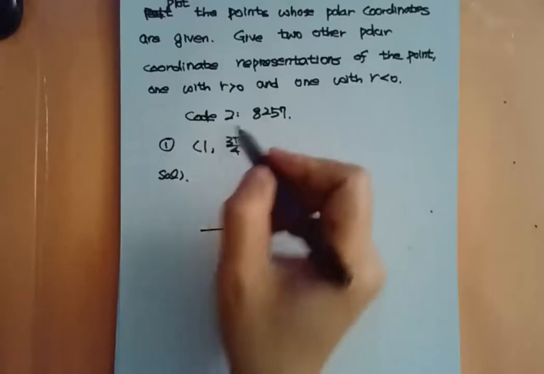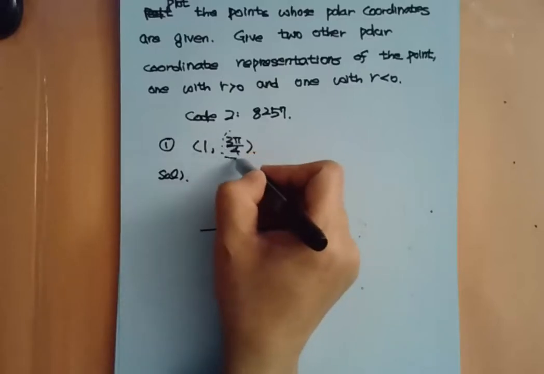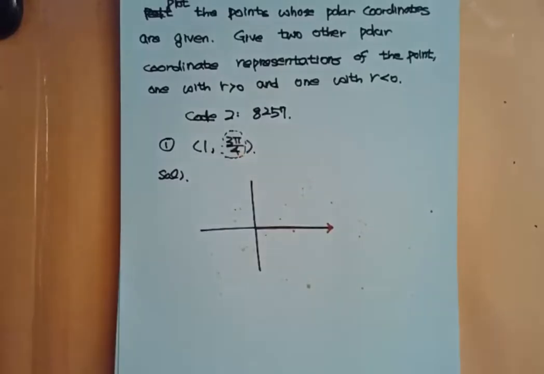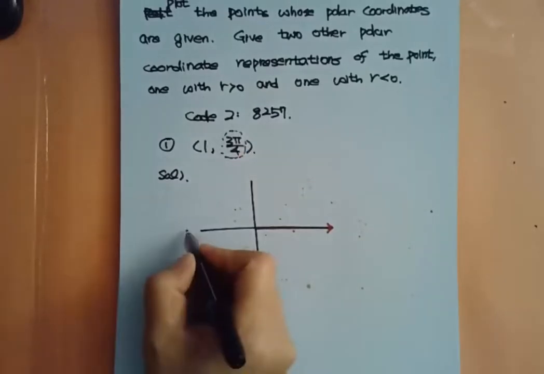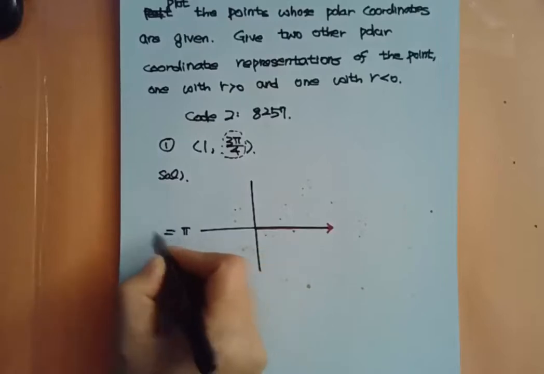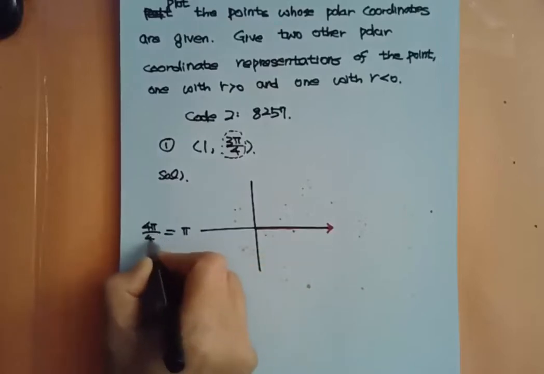So we will think about the angle first. So this is pi, so this is 4 pi over 4.